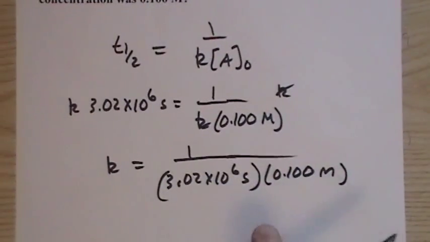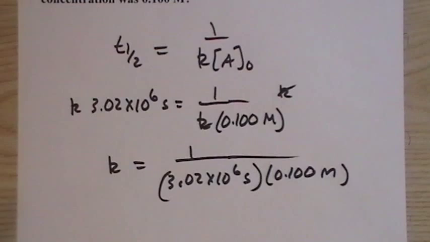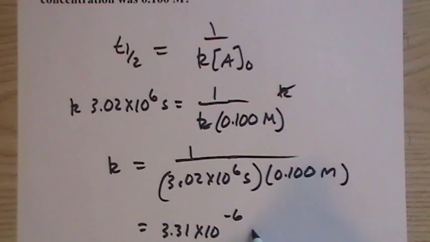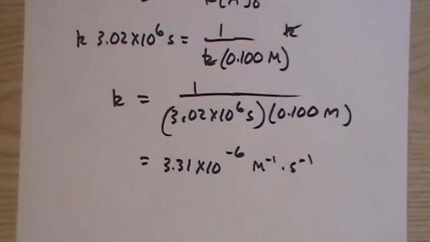And we have inverted seconds, inverted molars. That looks like the right units. And K is going to be 3.31 times 10 to the minus 6 inverted molars, inverted seconds. I'm going to just redo this real quick. So 3.02 times the concentration there. And yep, that's the guy.